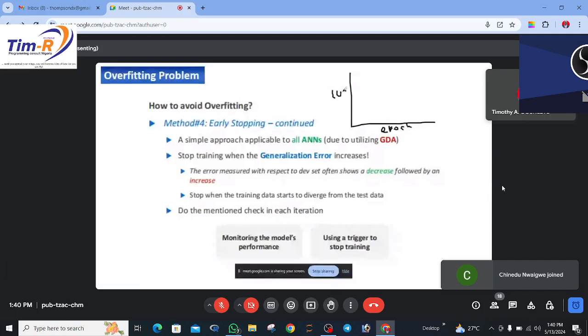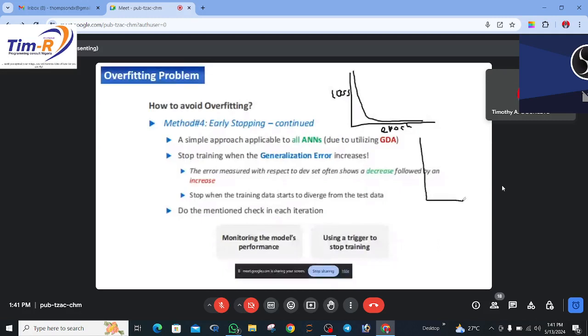Now, in a real world scenario, the loss is supposed to be decreasing this way with respect to the number of epochs. But in the case where it goes from here this way and then keeps increasing, there's a problem already.